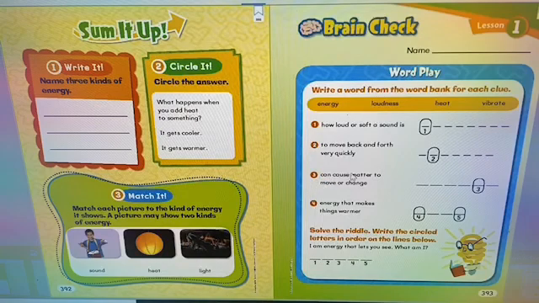Can cause matter to move or change. So the ability to move or change is what? Good job. Number 4. Energy that makes things warmer. What energy can make things warmer?